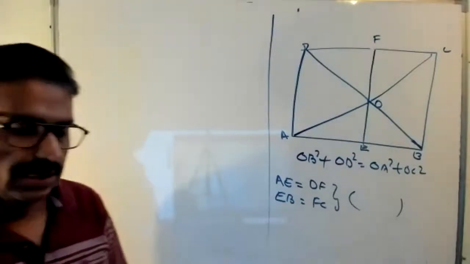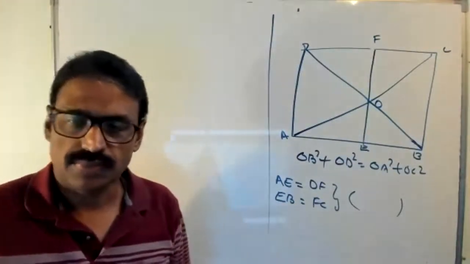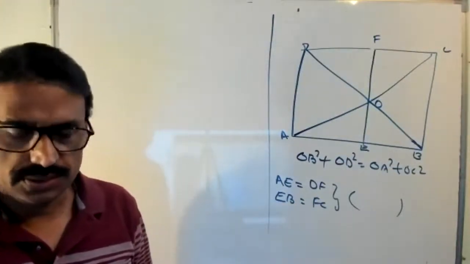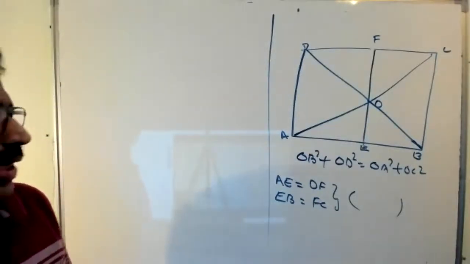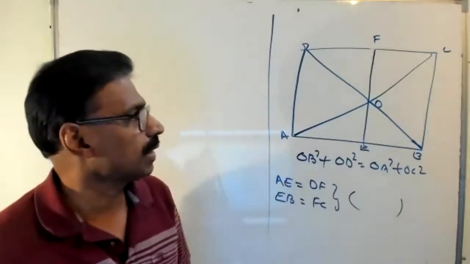Right. First, the construction: through O, draw EF perpendicular to AB or DC.